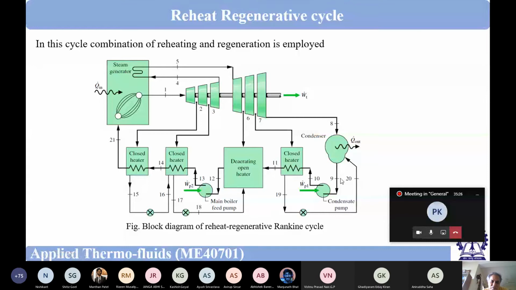Whereas, if I send it to the condenser, the condenser has the lowest pressure. This pressure is high. So automatically fluid will flow from high pressure to low pressure. Got the idea? Yes. I can send it in the forward direction, or downstream, but then I have to install a small pump. So in many power plants, this complication is avoided and they want to send it in the backward direction.